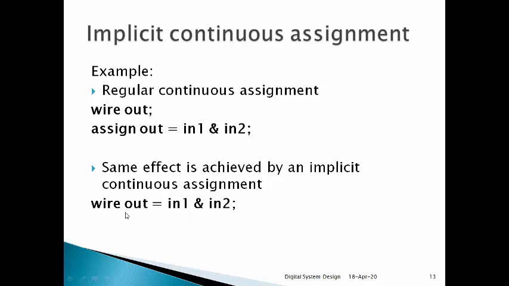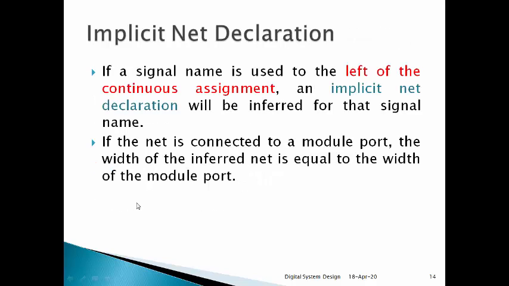Here you see that we don't use the keyword assign, but this is an implicit assignment of this expression to this variable out. Next is implicit net declaration.